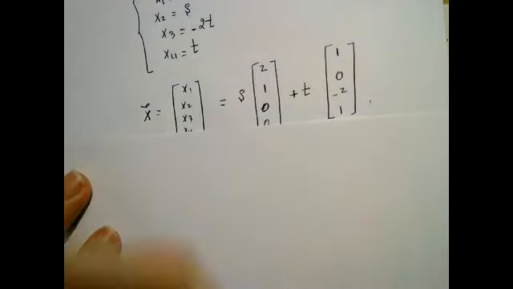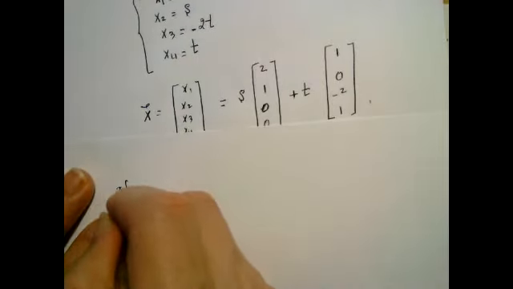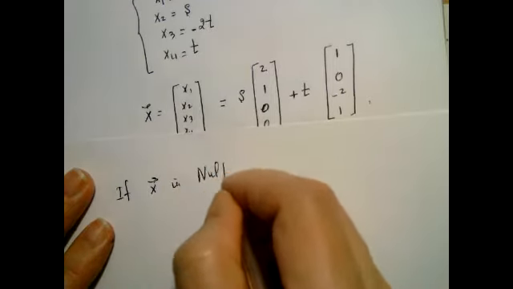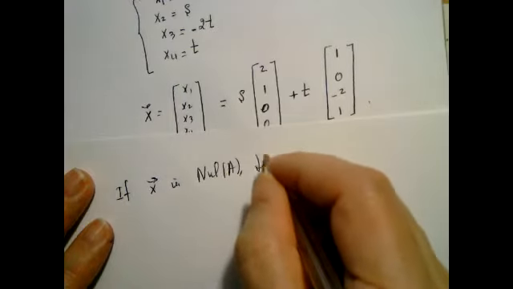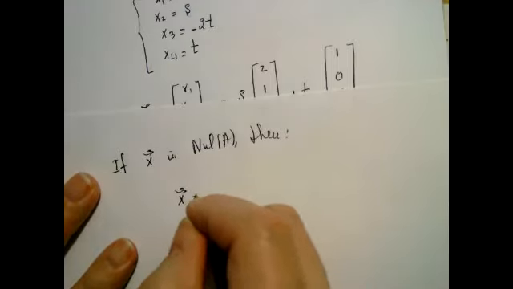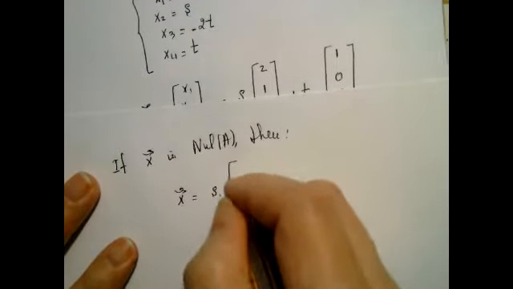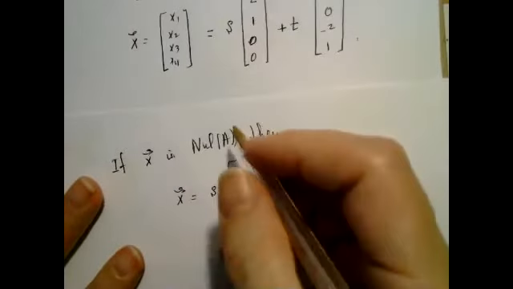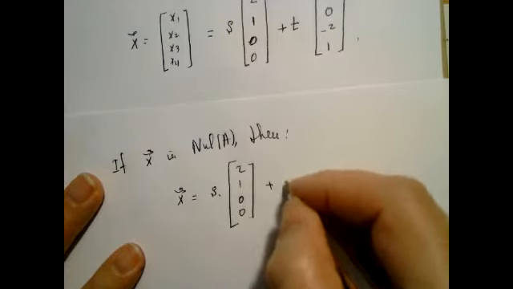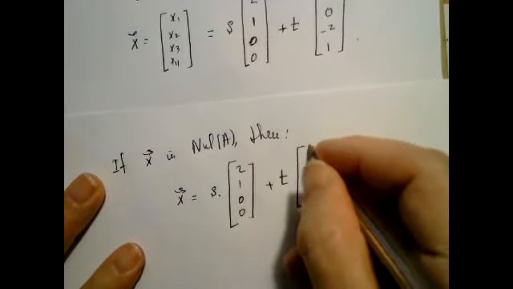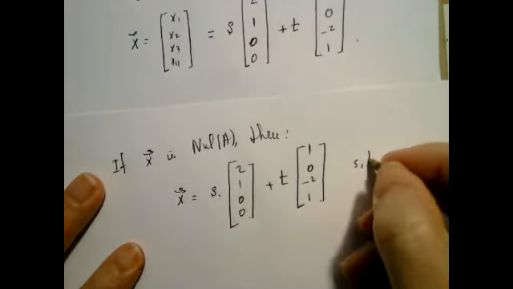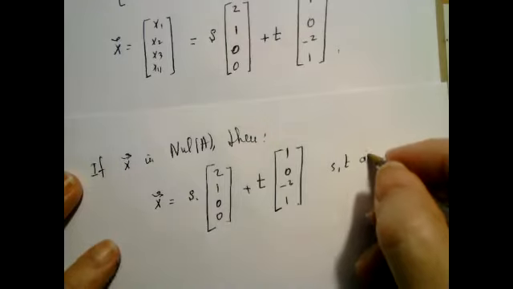If x is in the null space, meaning x is a solution of the system, then x is equal to a certain scalar times the vector 2, 1, 0, 0 plus a scalar times 1, 0, minus 2, 1, where s and t can take any value.